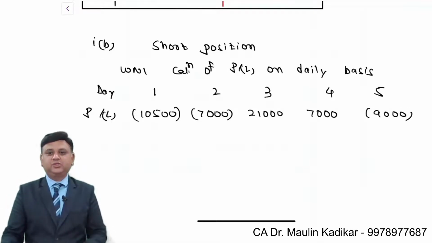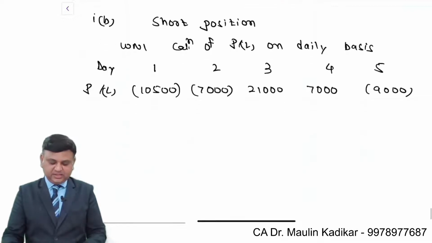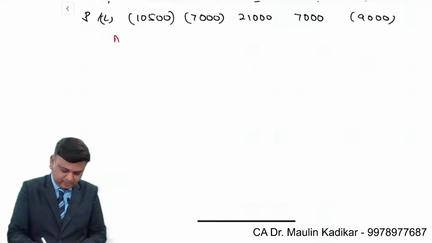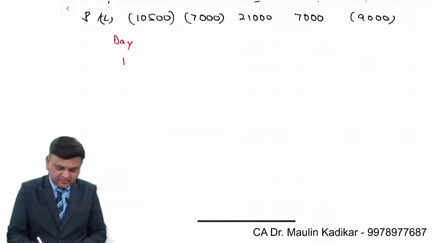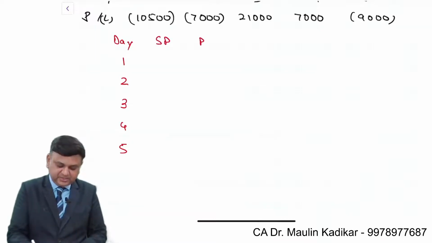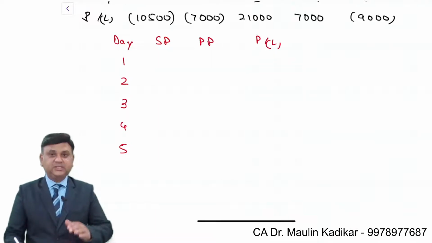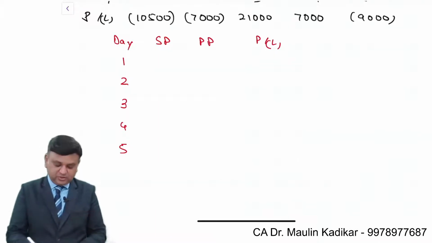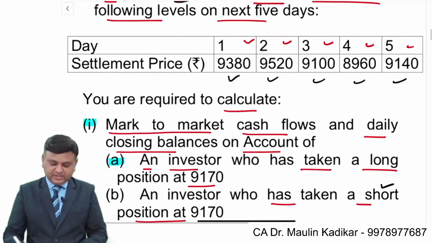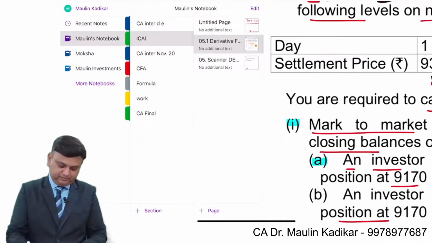Anybody who wants to understand in detail can understand it like this. Day 1, day 2, day 3, day 4, day 5. Listen carefully. Sale price, purchase price, and profit loss. See, the transaction is entered upon by somebody to sell at 9170. So what would be the purchase price? Purchase price will be 9380.